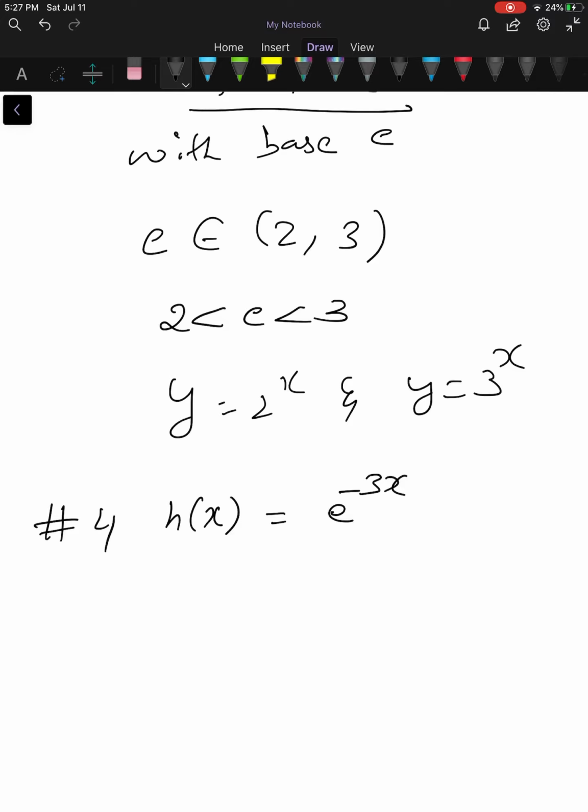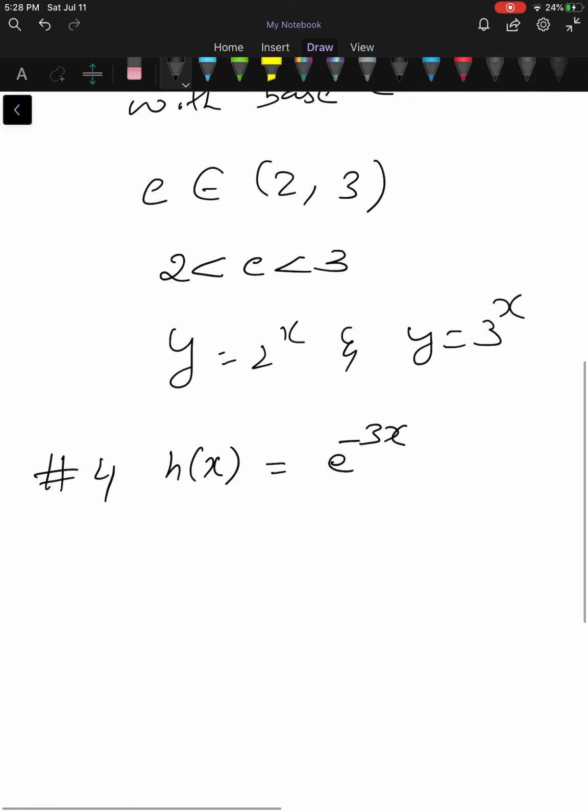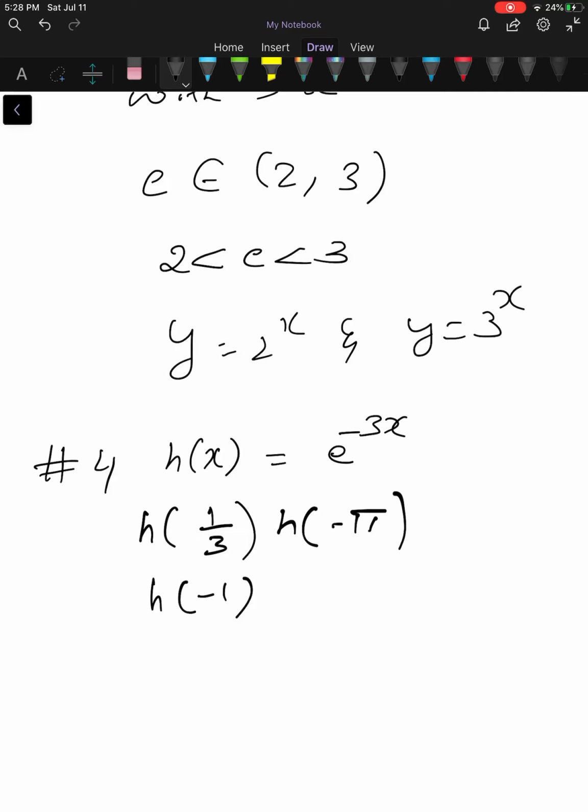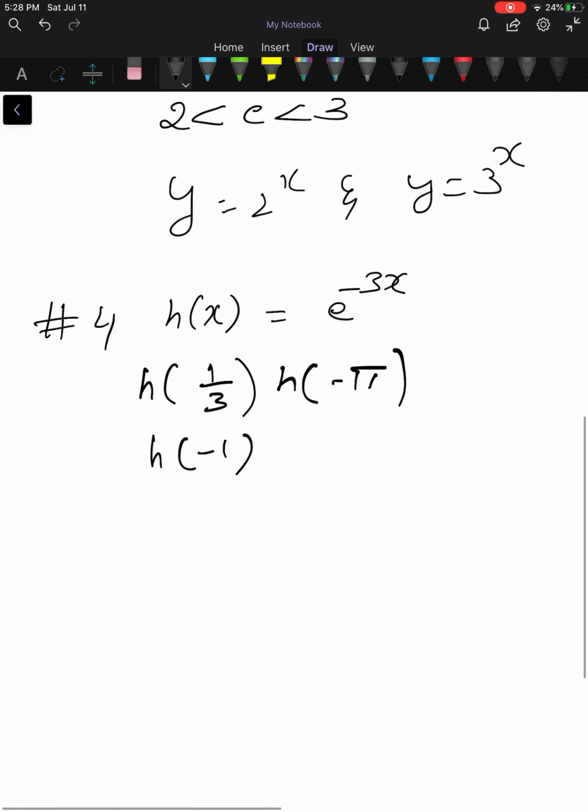We have to use a calculator to evaluate the function and approximate our answers to 3 decimal places, at these points: h of 1 over 3, h of negative 1 and h of pi. I will do just some of them.